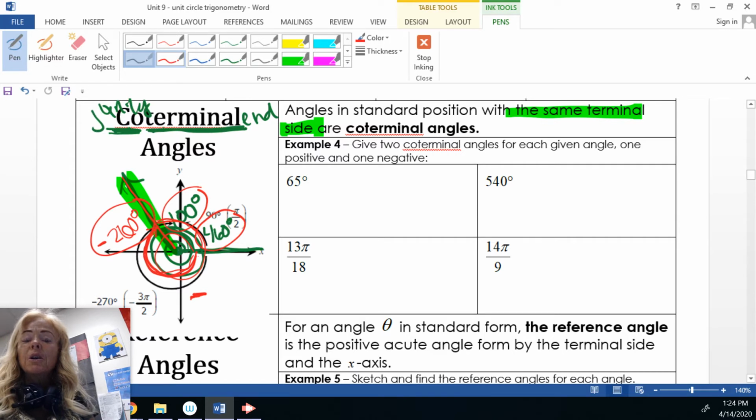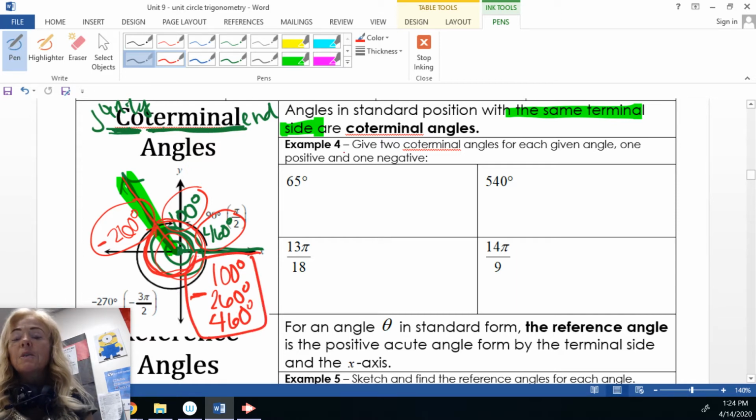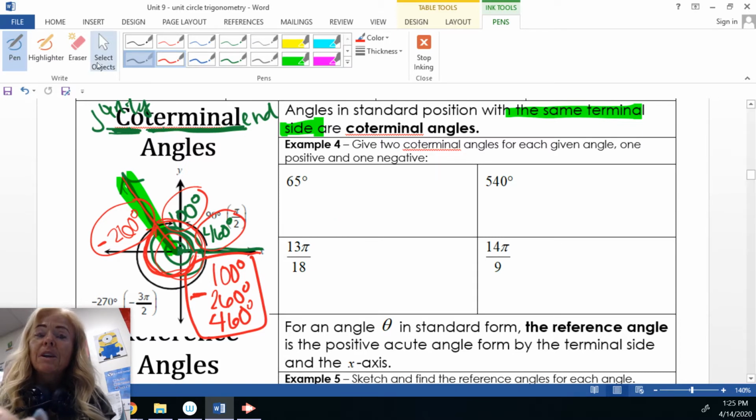So those two coterminal angles for 100 degrees, negative 260 and positive 460 degrees, are all coterminal angles with each other. So if example 4 says give two coterminal angles for each given angle, one positive and one negative angle, then that would mean that we would travel the 65 degrees.